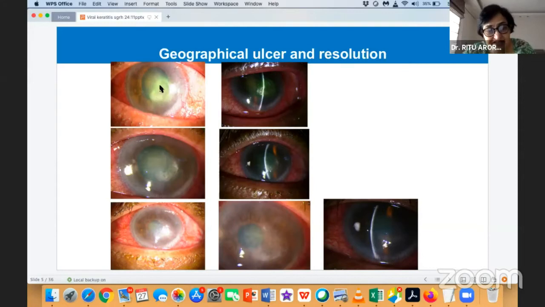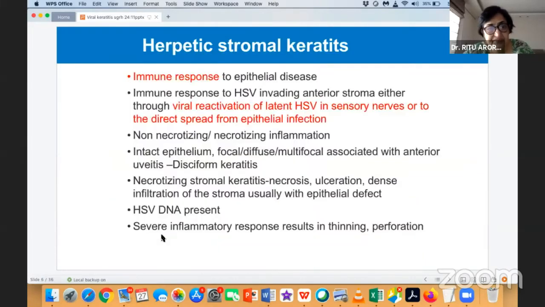This is a typical geographical ulcer which presents. It may present like this, so it's an amoeboid kind of ulcer. And as you can see on the slit, there is a defect over here, and the underlying cornea is edematous. These are the different phases when the healing takes place.